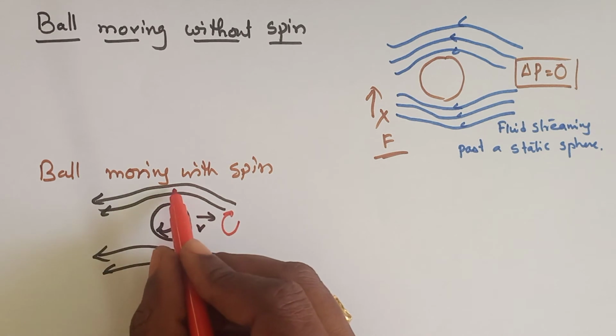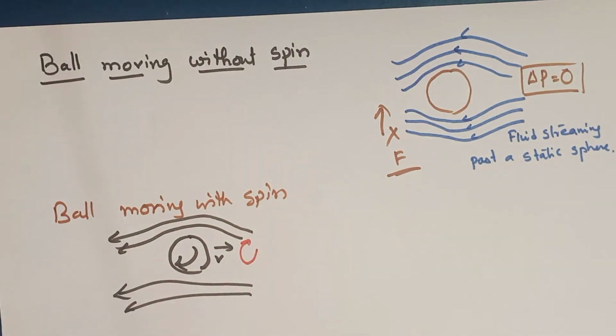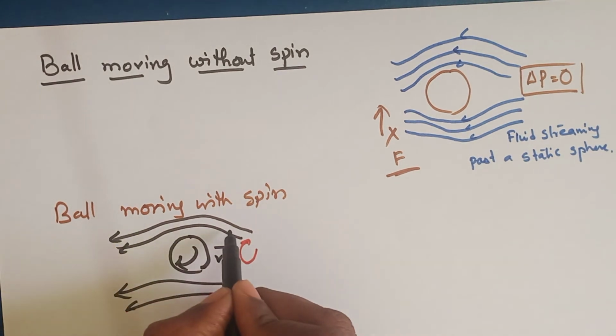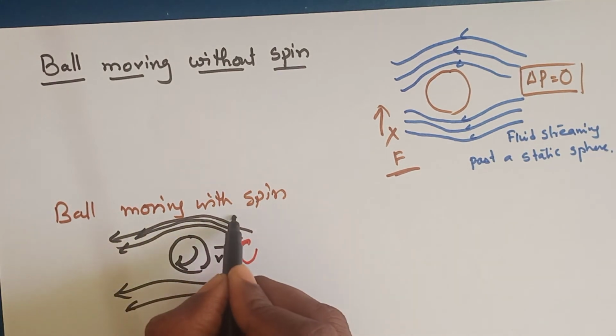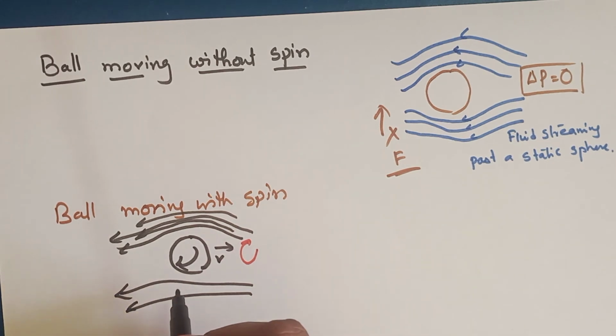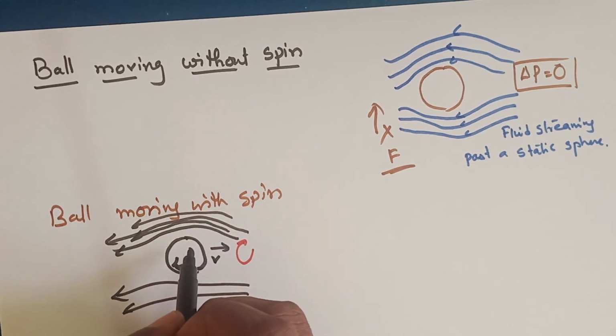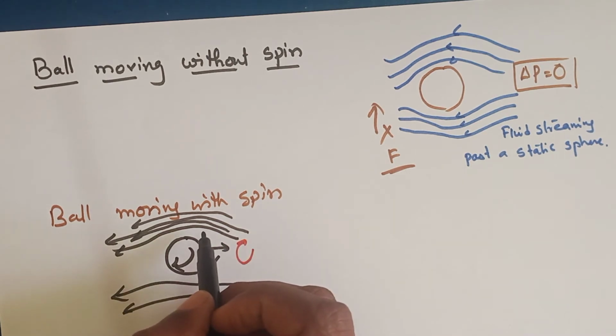Observe this one: the crowd of streamlines of air-like fluid are very close above, and below they are very far apart. Here the ball is spinning and drags the air along with it, and if the surface is very rough, more dragging will occur here.